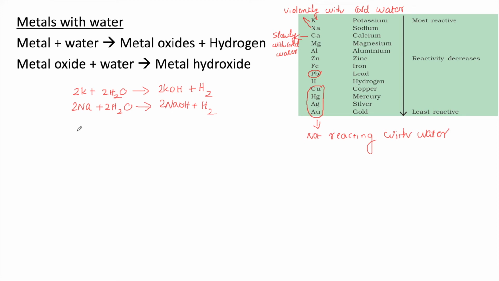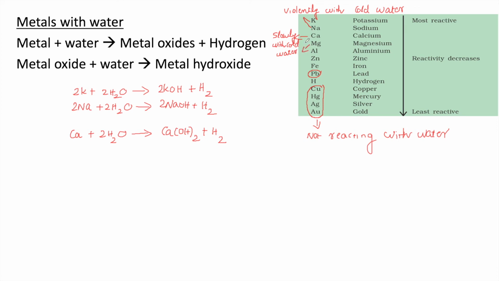And the reaction we can write here, Ca plus 2H2O gives Ca(OH)2 plus hydrogen. Okay.